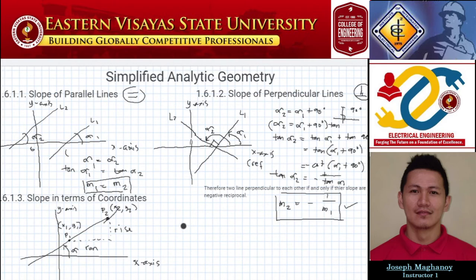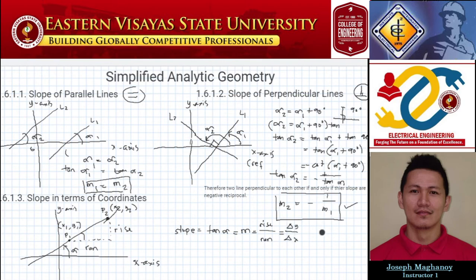Again, the slope is our alpha. As we recall, our slope is equal to the tangent of alpha, or equal to m, the symbol denoted for slope. With respect to the angle alpha, this is equal to rise over run, or also equal to delta y over delta x.